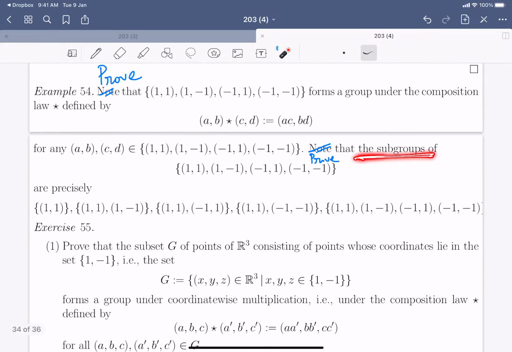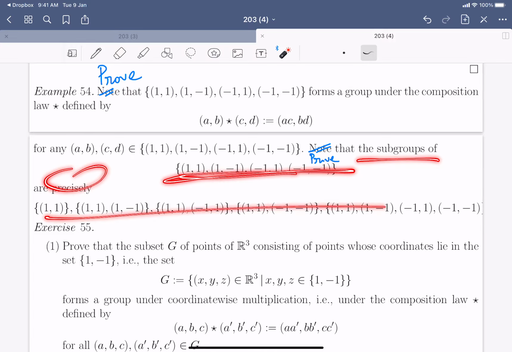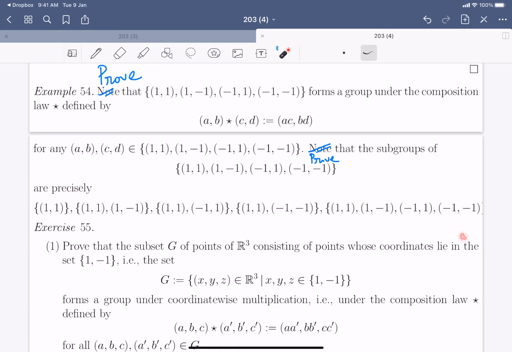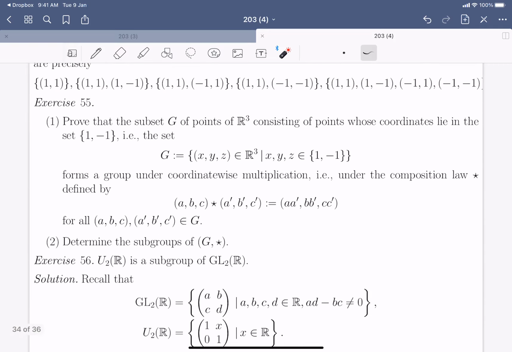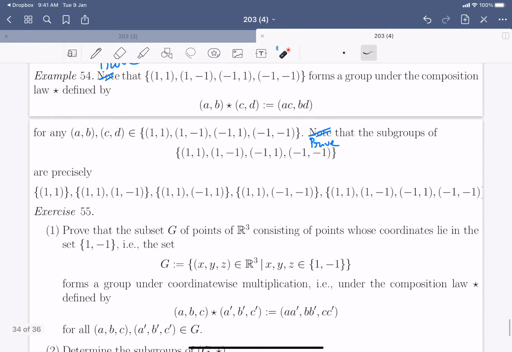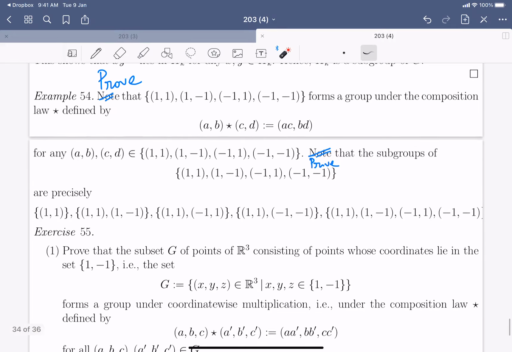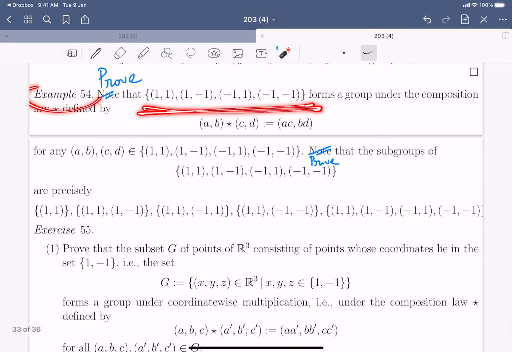By the subgroups I mean that these are all the subgroups. So I have added this precisely: note that the subgroups of this group above are precisely this. Great.